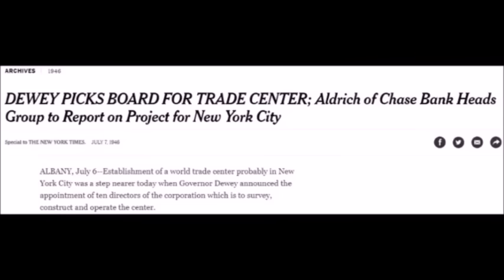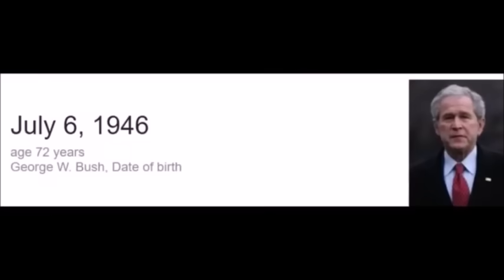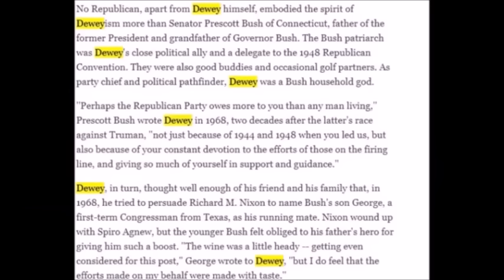In fact, the New York state government approved the plans for a World Trade Center on the very day that Bush Jr. was born into this world. The day and year, July 6, 1946. Bush Sr. was just starting at Yale. He was in his 20s when his son was born, the very president under which the towers would fall.